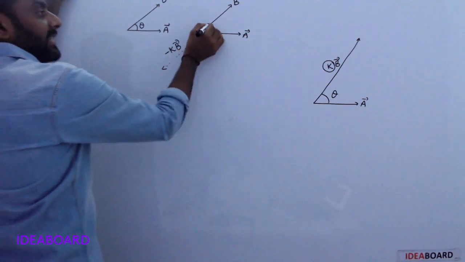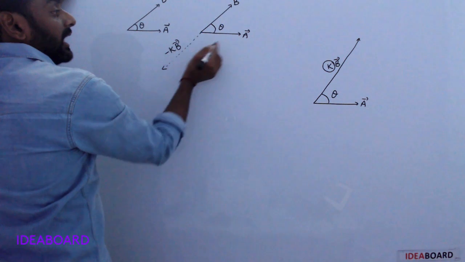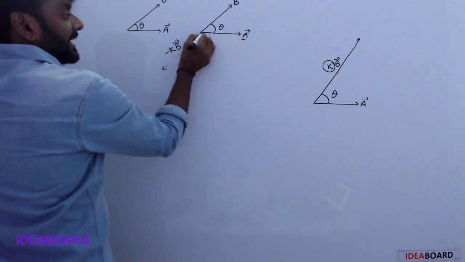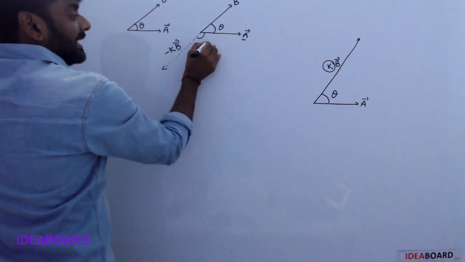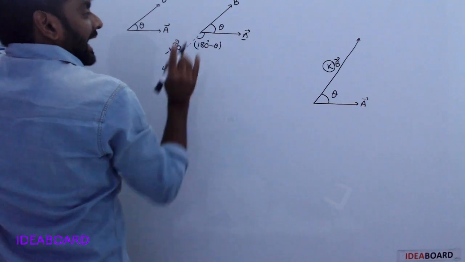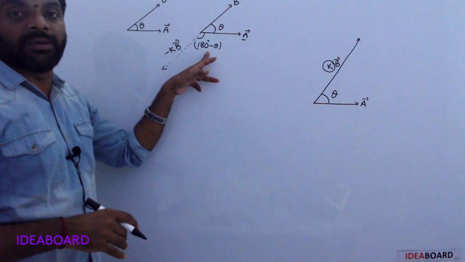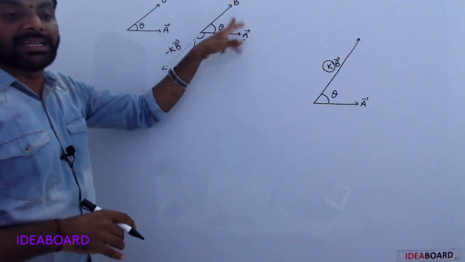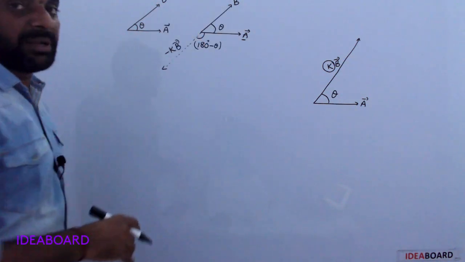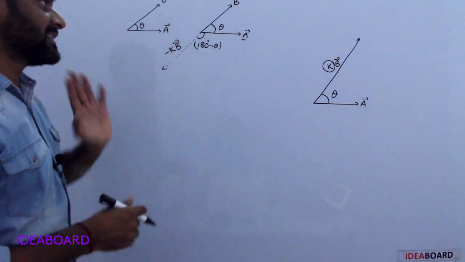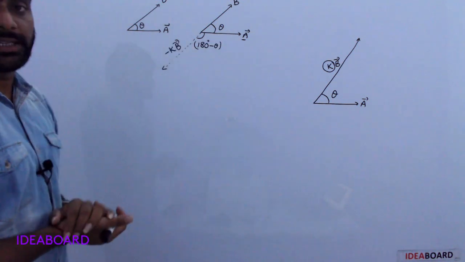Here the direction is changed. The angle between A bar and B bar is theta. The angle between A bar and minus KB bar is 180 minus theta.